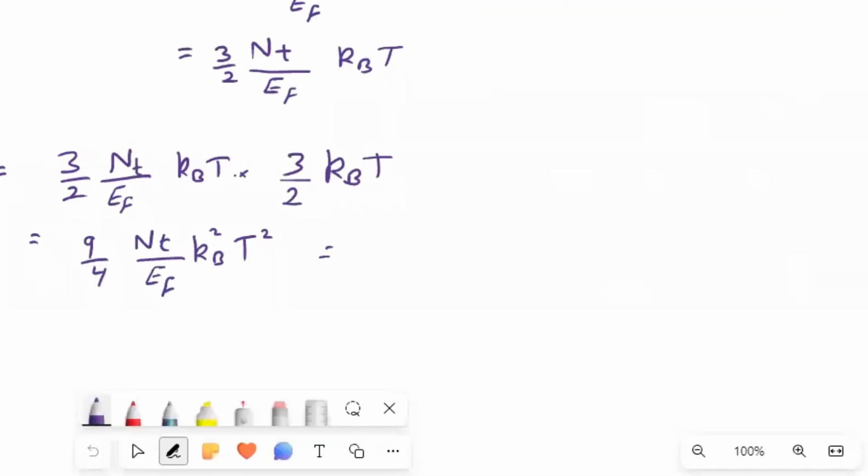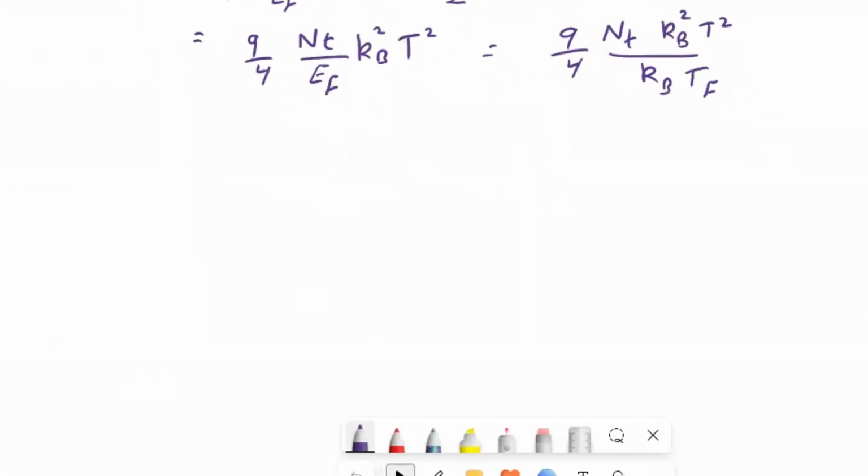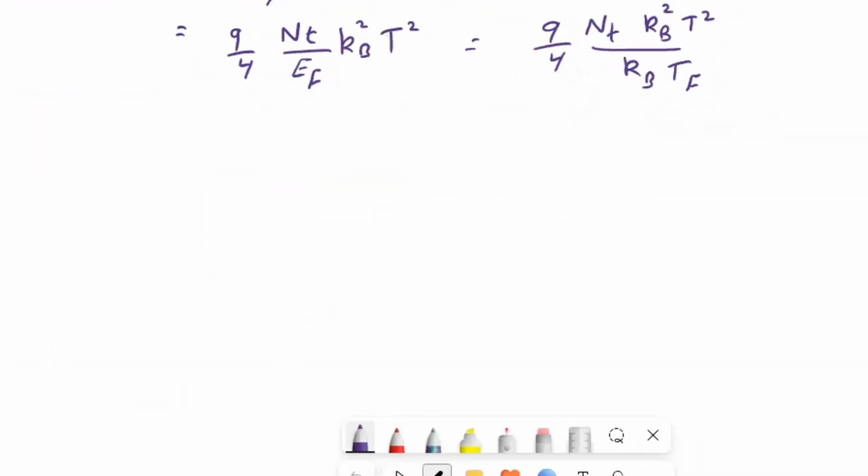And if you put the value of E_F, which was kBT_F, that will be 9/4 N kB square T square upon kBT_F. So this energy E will be 9/4 N kB T square upon T_F.